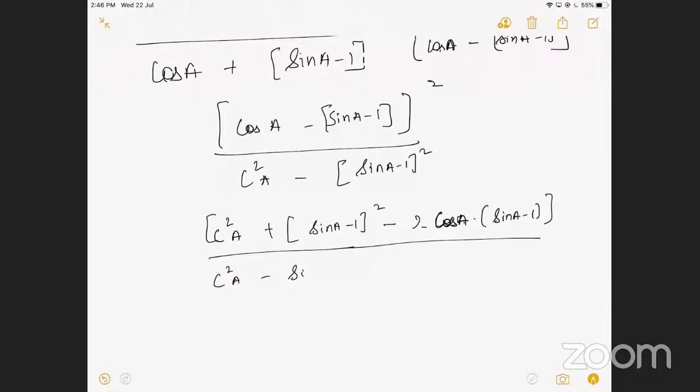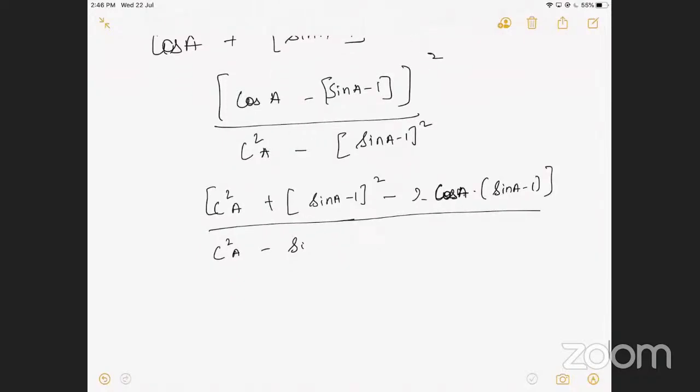If you open up the square, we get this. So in the denominator, it will be cos square A minus sin A minus 1 the whole square.